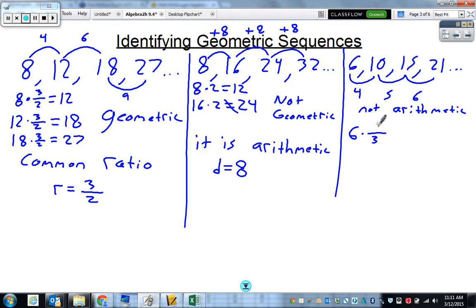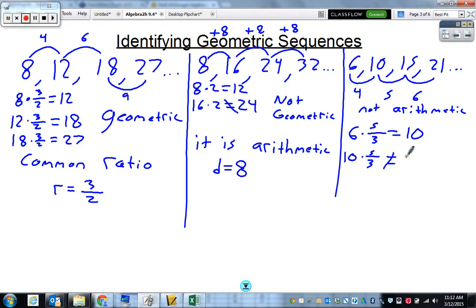So if I multiply 6 times 5 over 3, I'll get 10. Well, I can multiply 10 times 5 and I'll get 50, but 50 is not divisible by 3, so that's not going to give me 15.